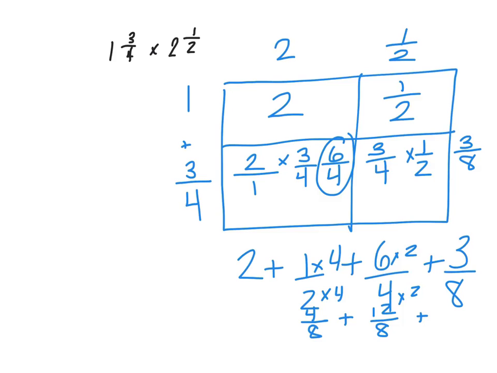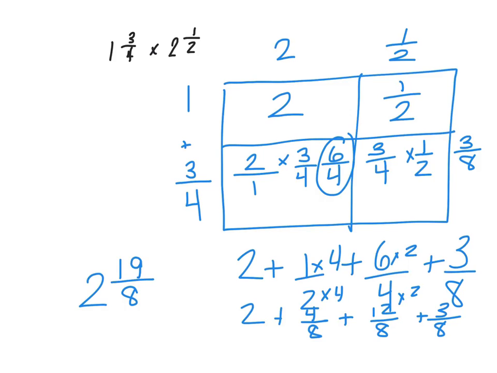And then this one gets to stay the same, and I still have that 2. So now 12 plus 3 plus 4. 12 plus 4 is 16, 17, 18, 19, 19/8. So I have 2 and 19/8.